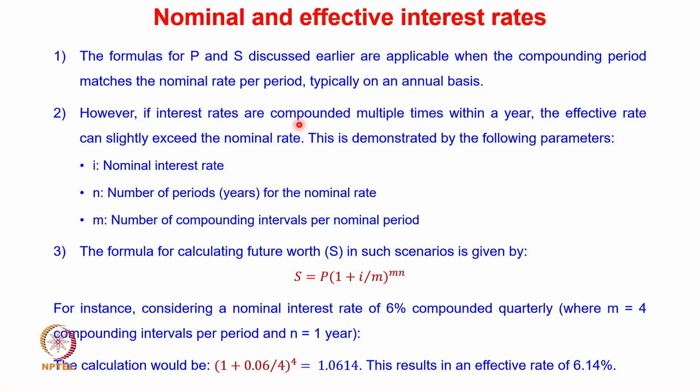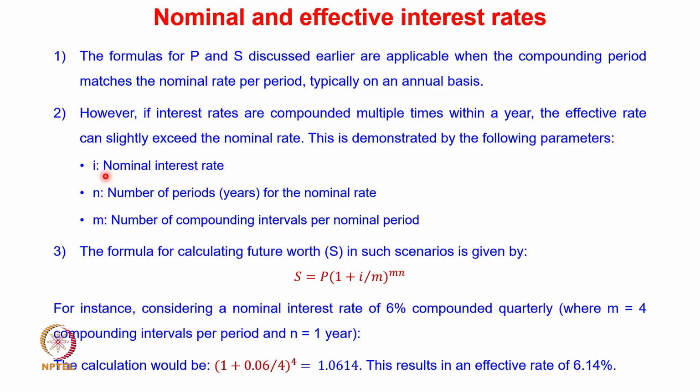However, if interest is compounded multiple times within a year, the effective rate exceeds the nominal rate. This is demonstrated by the following parameters. You can see the example here.